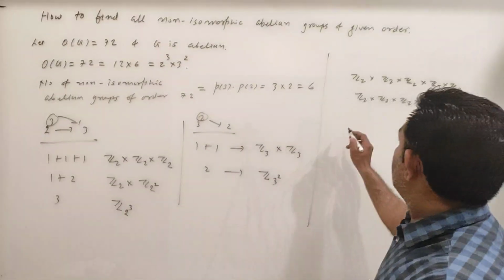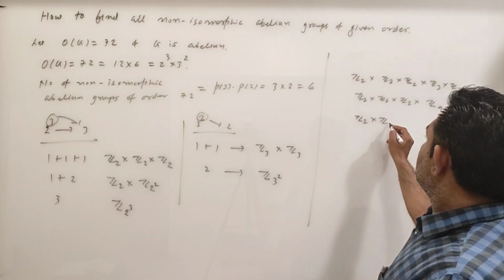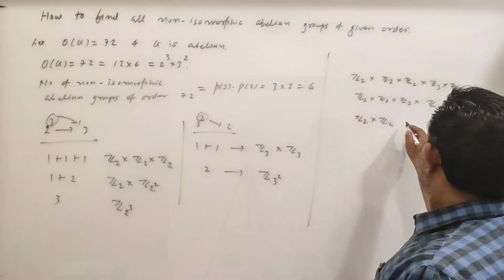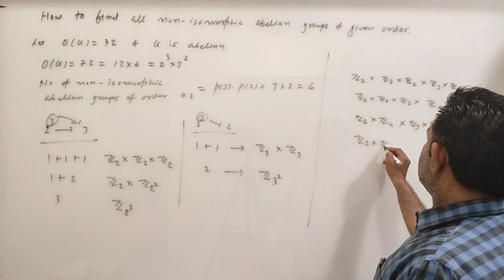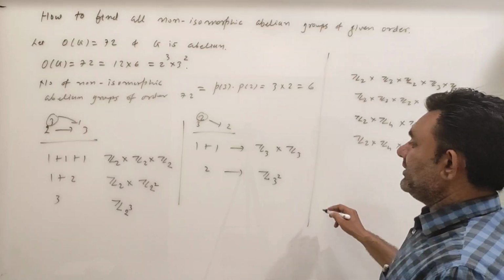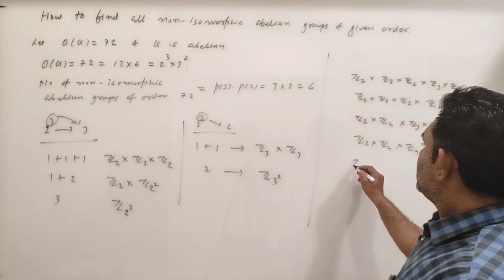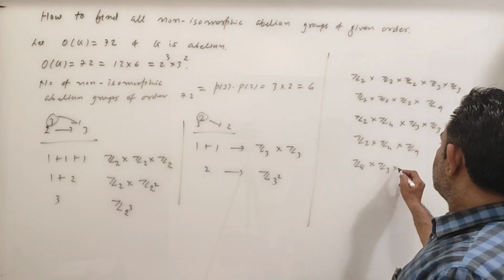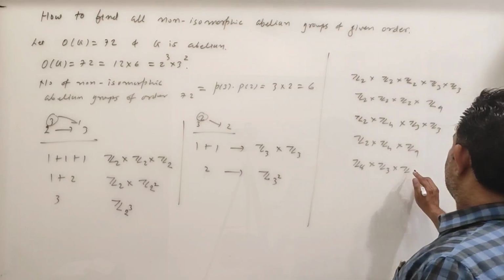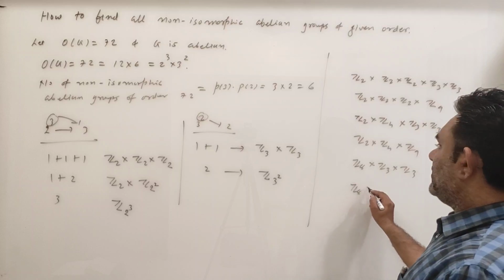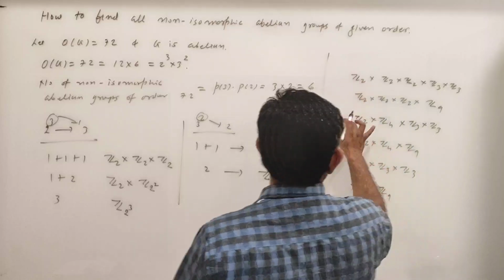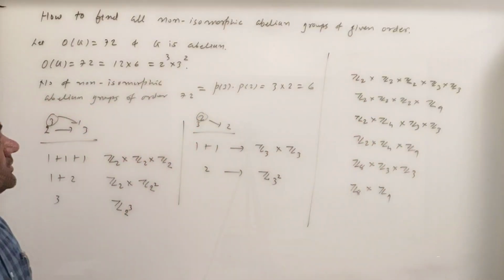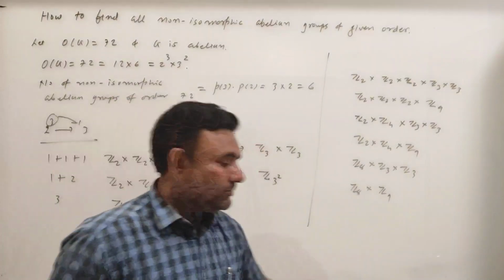Now from here Z2 cross Z4, 2 square is 4, cross Z3 cross Z3, then Z2 cross Z4 cross Z9, then 2 cube is 8, so it is Z8 cross Z3 cross Z3, then Z8 cross Z9. So I have this 1, 2, 3, 4, 5, 6 non-isomorphic groups of order 72 and all are abelian.